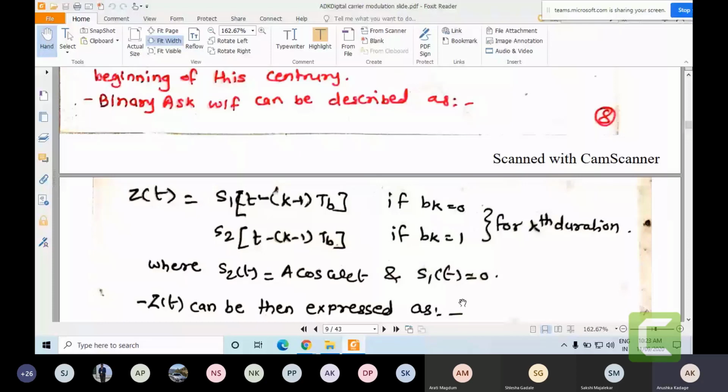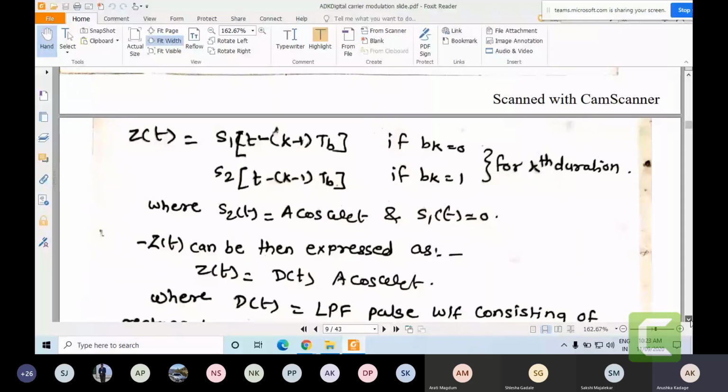Now if I am substituting this s2(t) into z(t), then z(t) will be nothing but d(t) multiplied with A cos(ωct), and that's why z(t) is what? Transmitter output, and this transmitter for the ASK will be seen to be a product modulator block only.